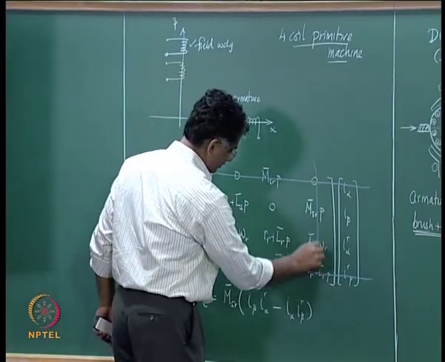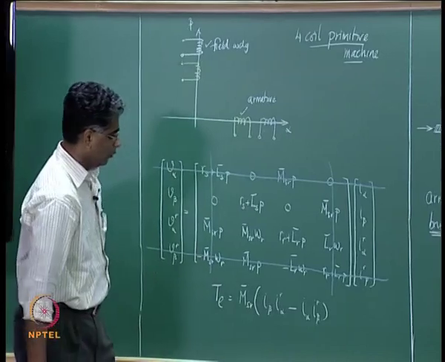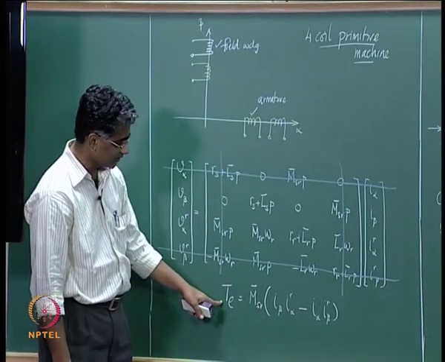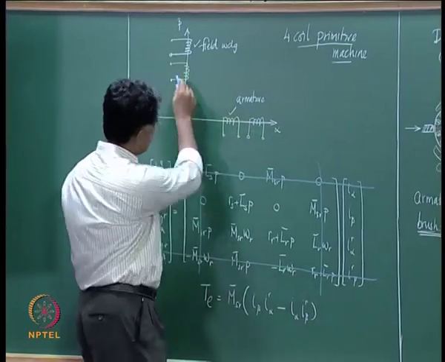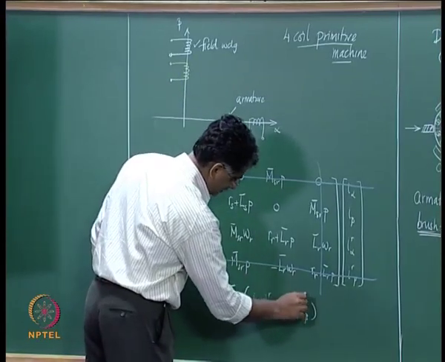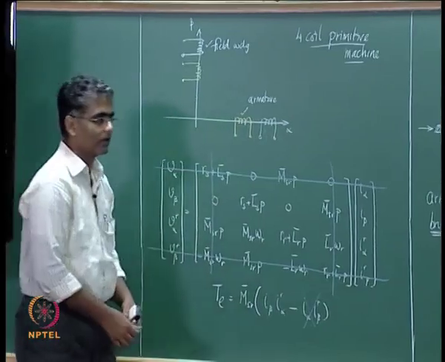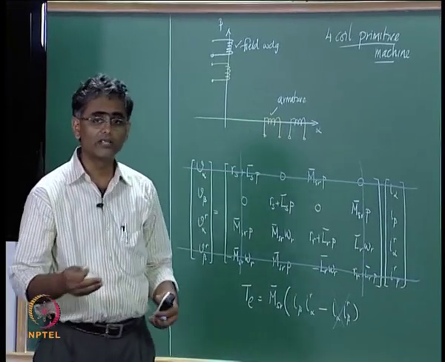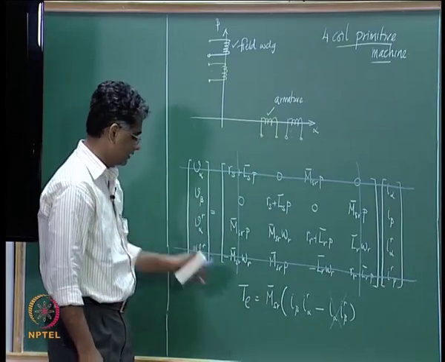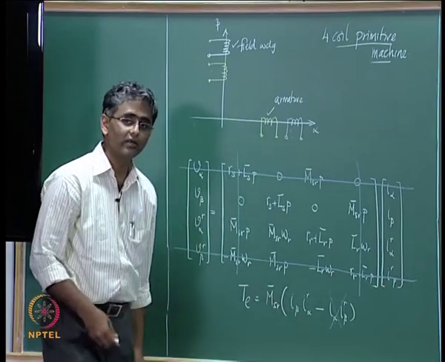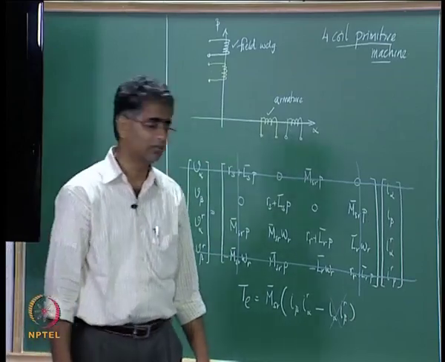So, we strike off this column also, and looking at this expression we find that IR beta is non-existent, therefore this term is not there, and therefore the remaining set of equations, that is this one and this one along with this term, is representing the DC machine.